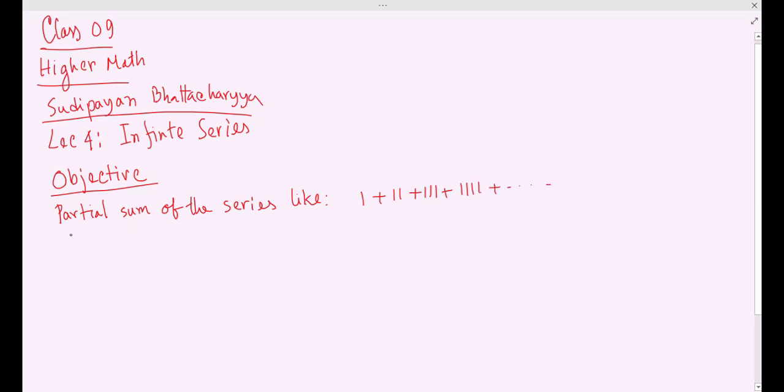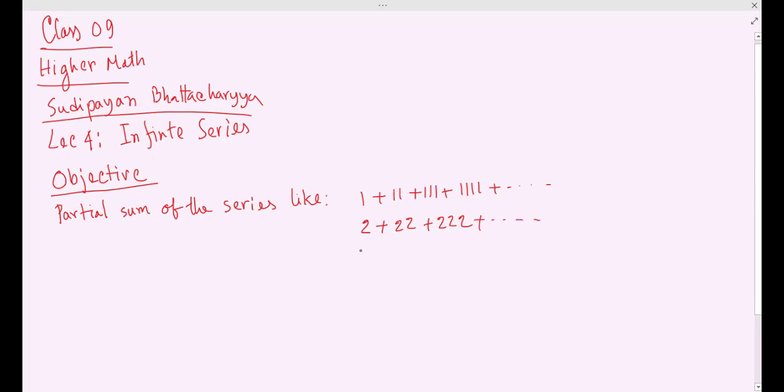So our objective is to find out the partial sum of the series like 1 plus 11 plus 111 plus 1111, like this. You can make another series like 2 plus 22 plus 222, like this.